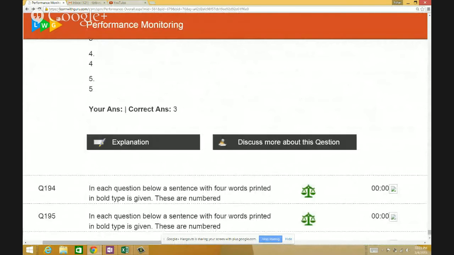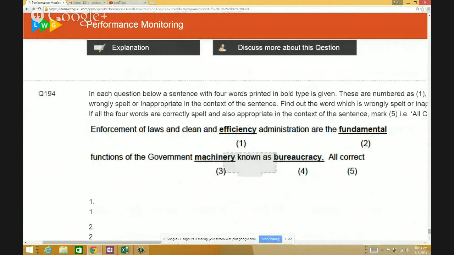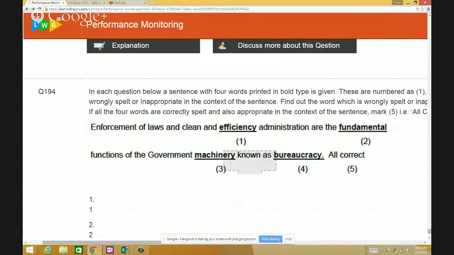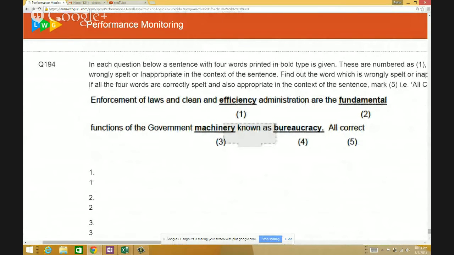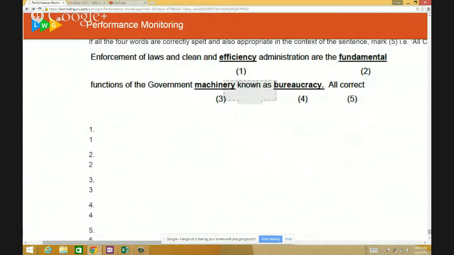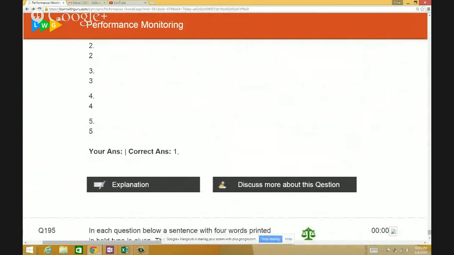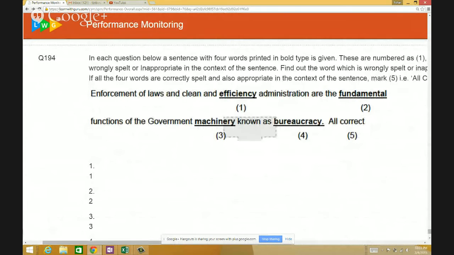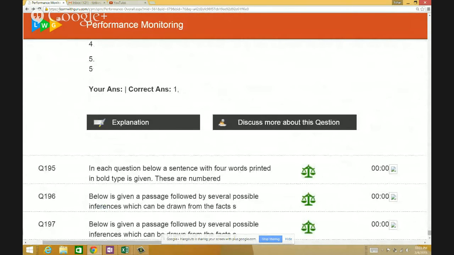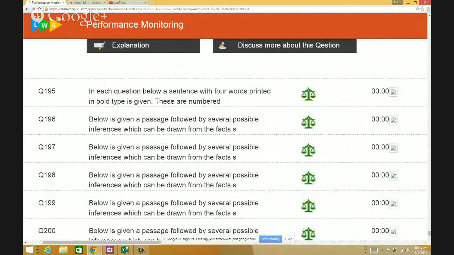Entertain the visitors or whatever. Enforcement of laws and clean and efficient administration are the fundamental functions of government machinery known as bureaucracy. It should obviously be efficient administration and not efficiency administration. You're not administering efficiency, you're administering it efficiently.